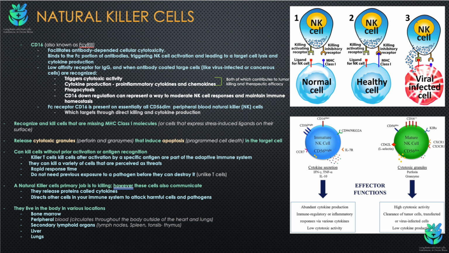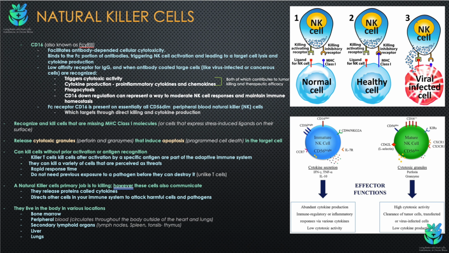system responds. CD16, or the Fc gamma receptor number 3, facilitates antibody-dependent cellular cytotoxicity. This binds to the Fc portion of antibodies, triggering the natural killer cell's activation and leading to target cell lysis and cytokine production. So basically, if you look at the top right-hand corner here, the diagram we have here, we have an infected cell.